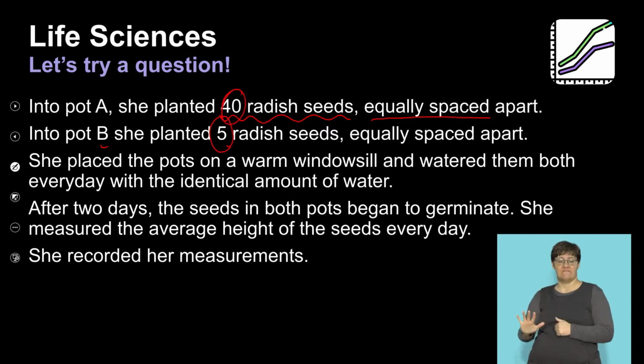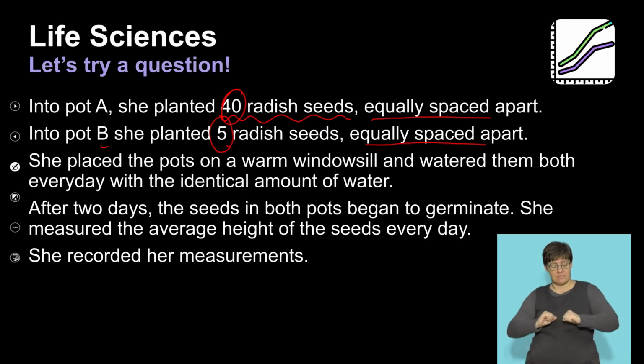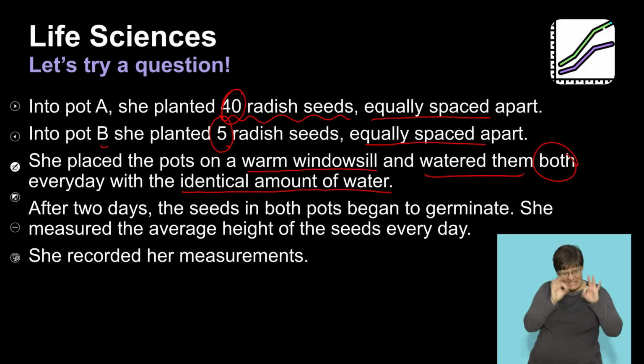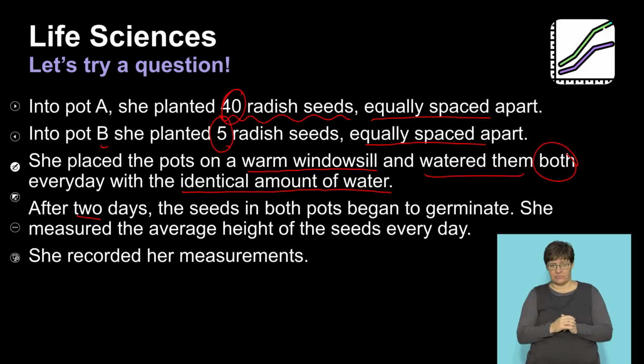Right, so there's a difference. She also spaced them equally apart. She placed the pots on a warm windowsill. She watered them both every day with the identical amount of water. And after 2 days, the seeds in both pots began to germinate.